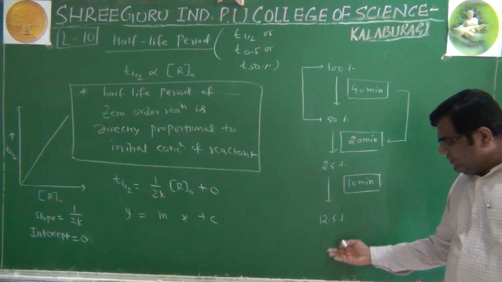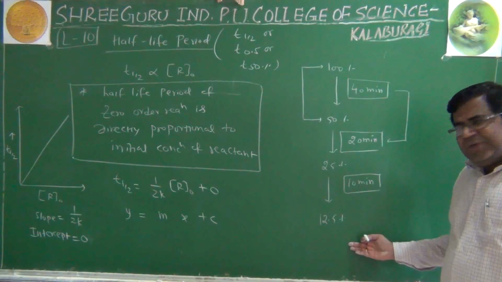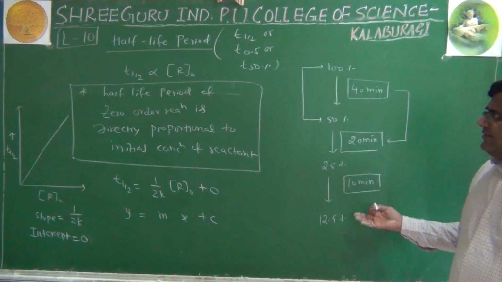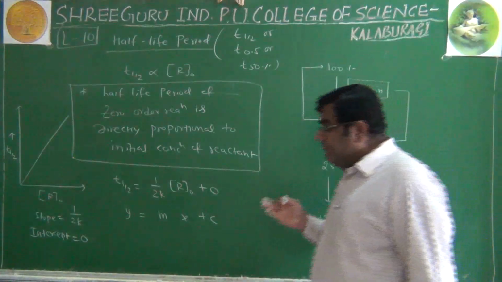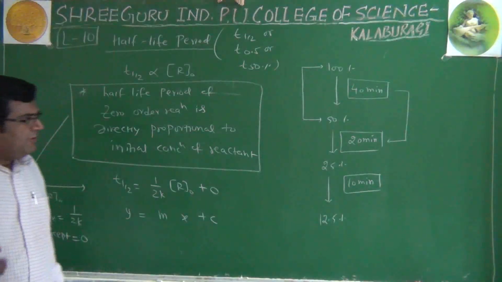If we go to 6.25%, 10 minutes divided by 2 will be 5 minutes. Likewise, we can extend it. But the point is that the half-life period depends on the initial molar concentration of the reactant.